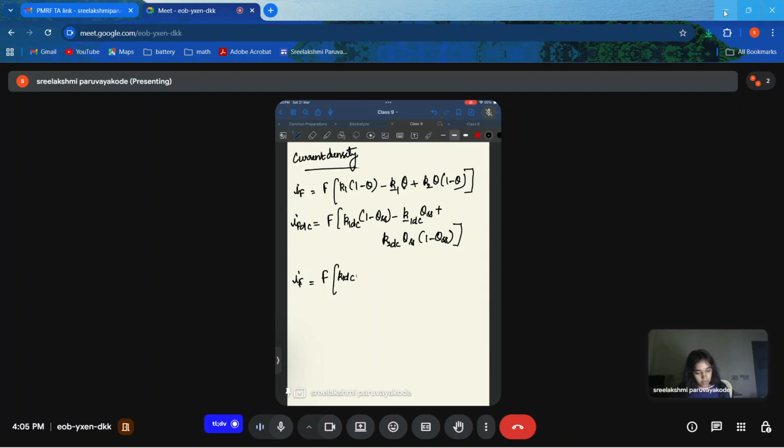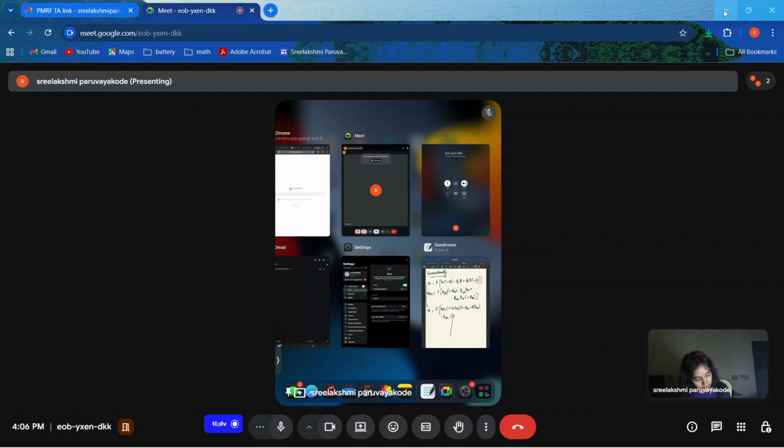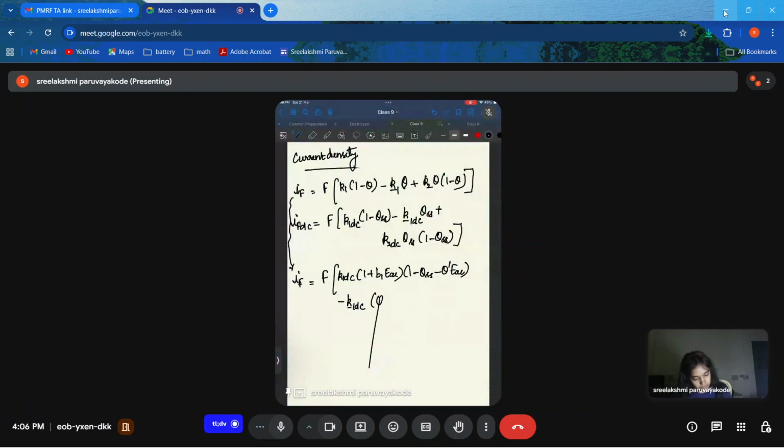Okay, so it is K1 DC (1 plus B1 EAC) from this equation, times (1 minus theta SS minus theta dash EAC), minus K minus 1 DC (1 plus B minus 1 EAC) times (theta SS plus theta dash EAC), plus K2 DC (1 plus B2 EAC) times (1 minus theta SS minus theta dash EAC)(theta SS plus theta dash EAC).